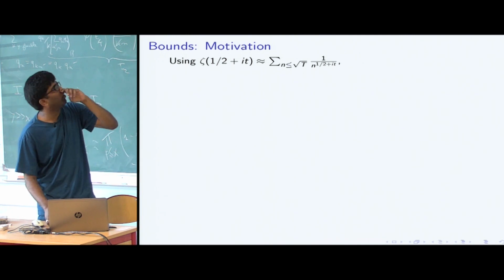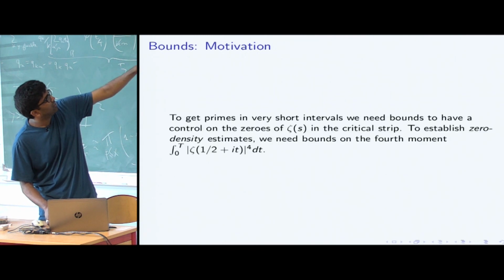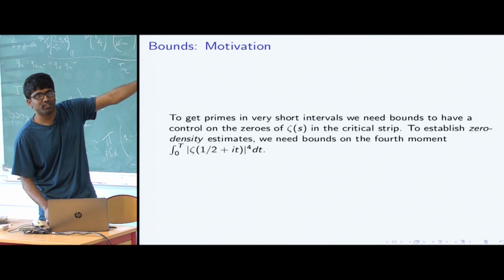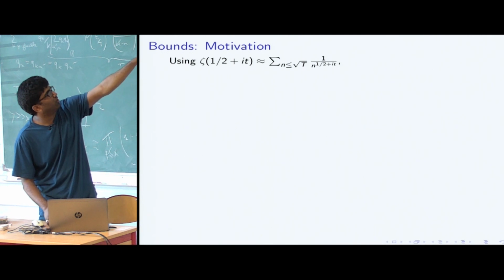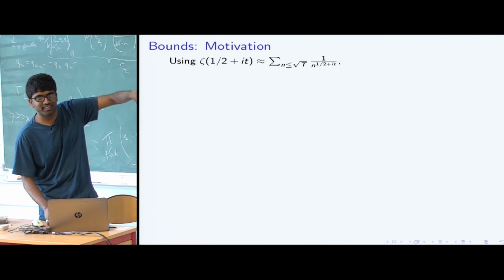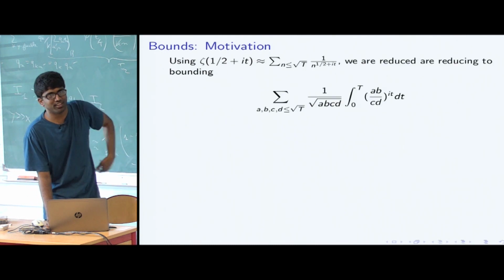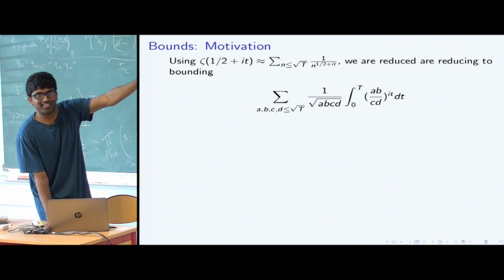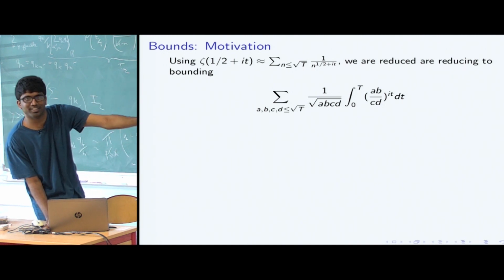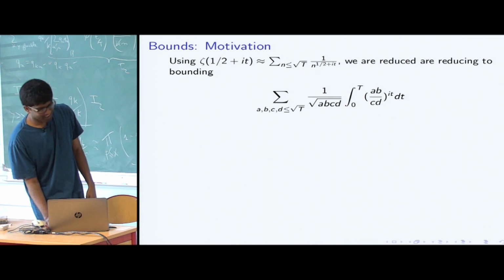So you want to bound the integral from 0 to T of |zeta|^4. If you plug that in and expand, you get an expression like this, with 4 variables, one for each of the zetas. We have seen such expressions in the previous talk. Okay.